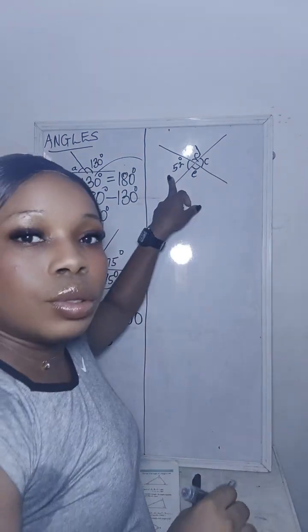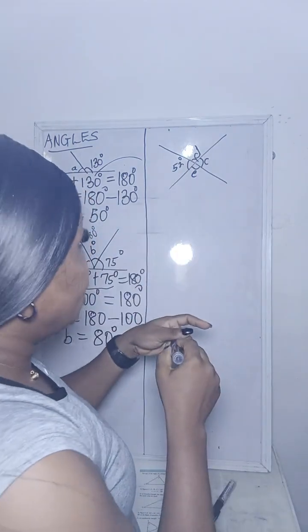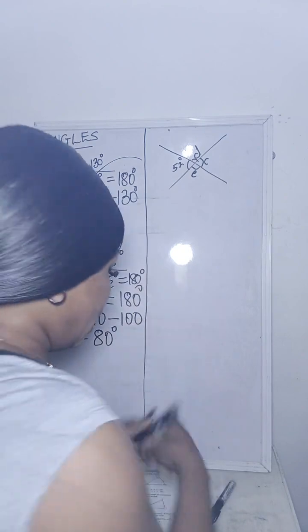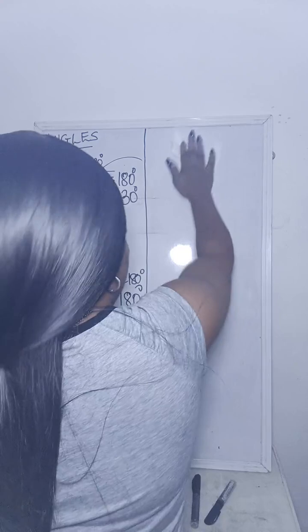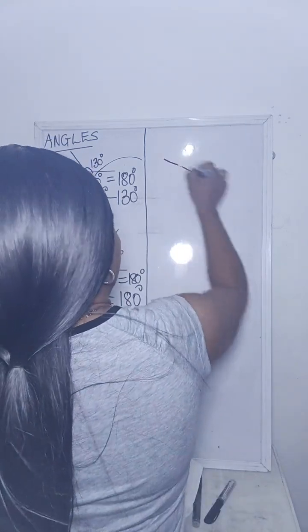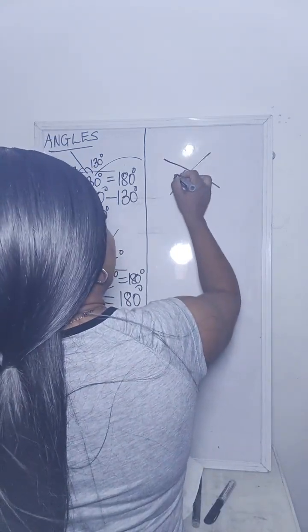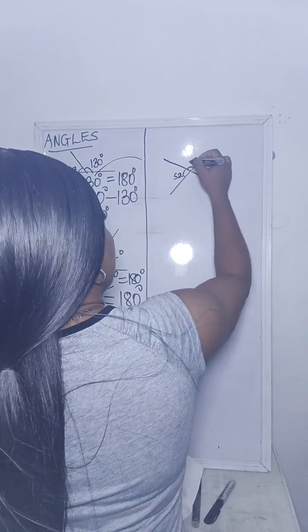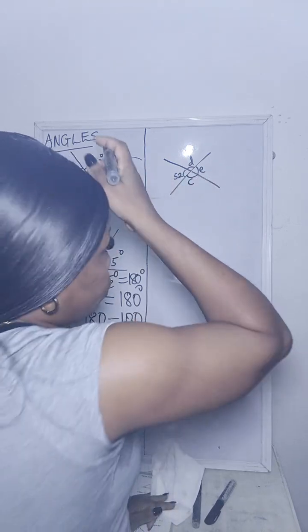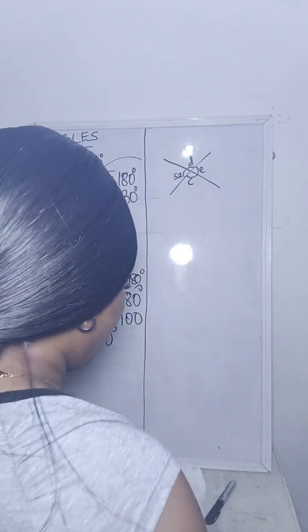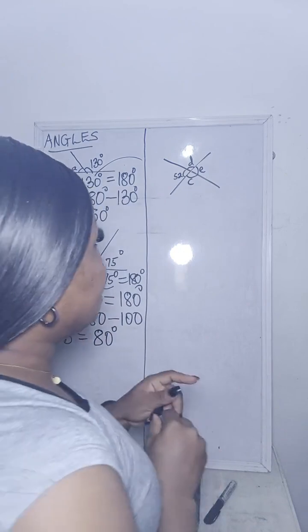So we have 52, we have D, we have C, and we have E. Let me write this well so you would see it. So this is 52 degrees, this is D, this is E, and this is C. All right, so we need to find all of those missing letters.